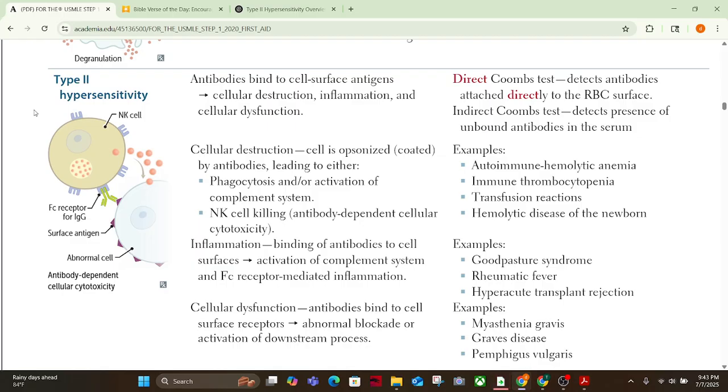Cellular destruction, you see the examples here: autoimmune hemolytic anemia, immune thrombocytopenia, transfusion reactions, and hemolytic disease of the newborn.